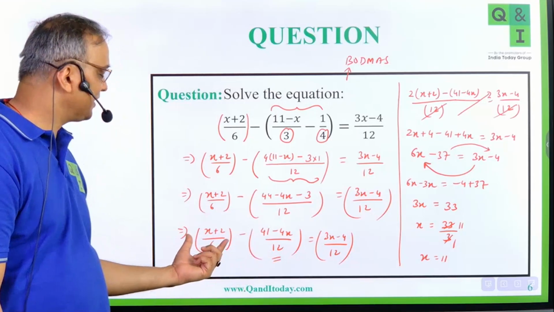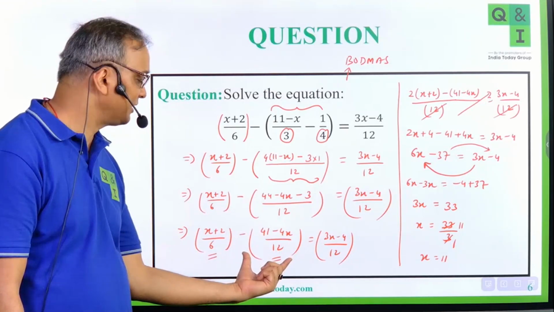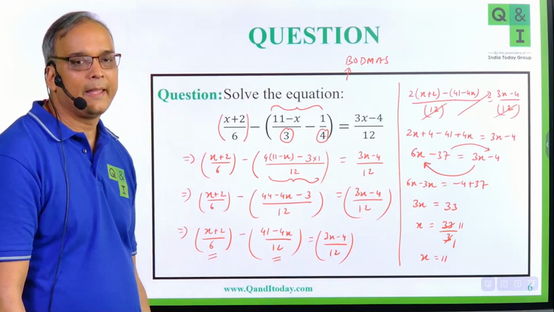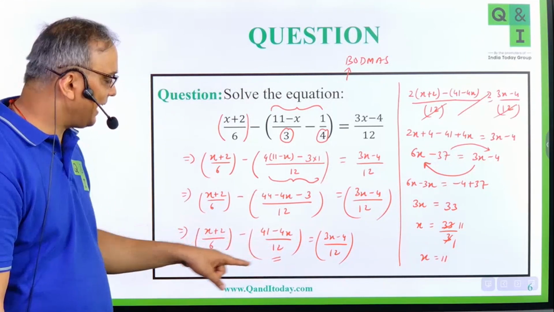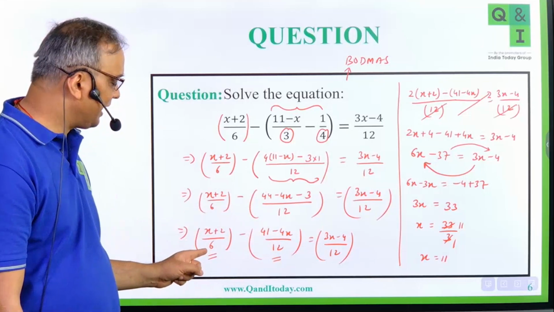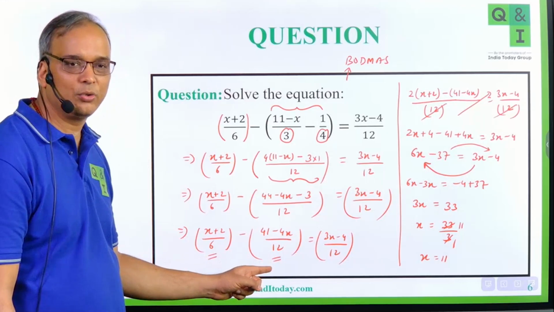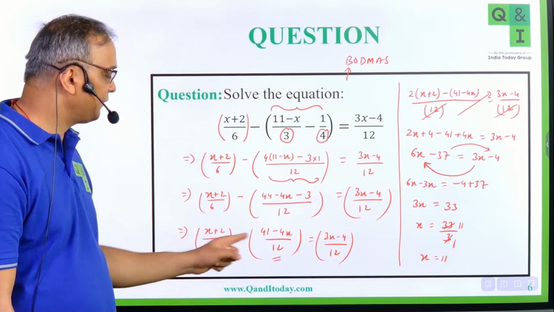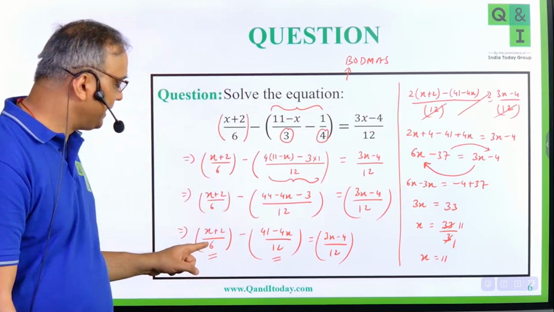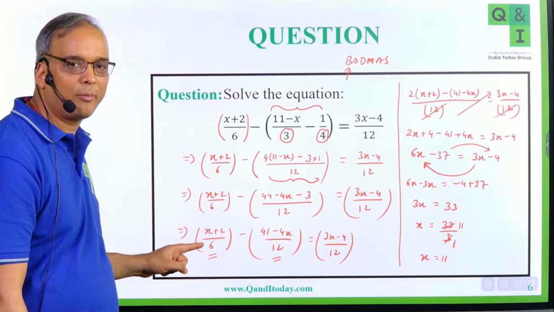So I have this term x plus 2 by 6 minus of 41 minus 4x by 12 is equal to 3x minus 4 by 12. Now, in the LHS, if I have to further simplify, here I have in the denominator 6 in the first term. In the second term, I have a denominator 12. I will find the LCM of 6 and 12. LCM of 6 and 12 is 12. To bring 6 to 12, I will have to multiply both numerator and denominator by 2.